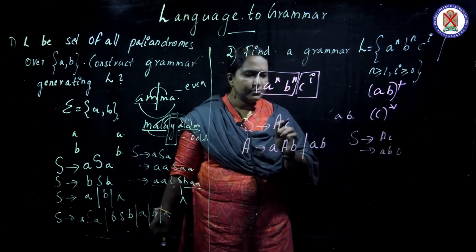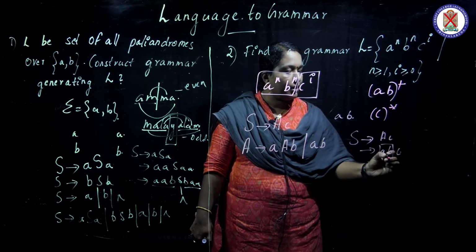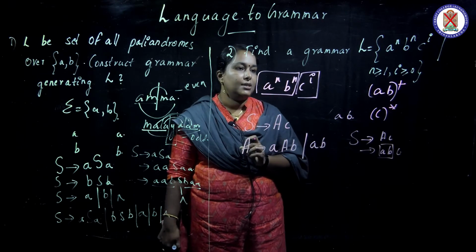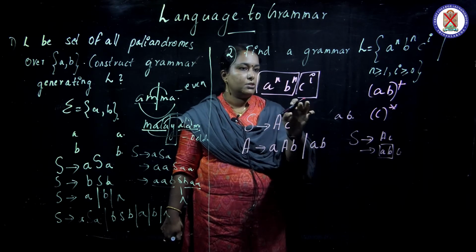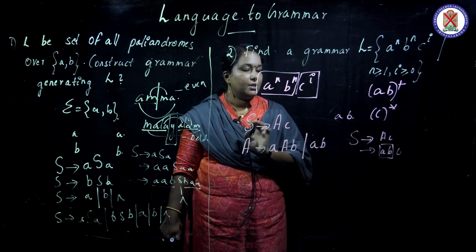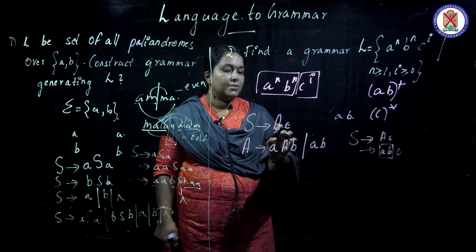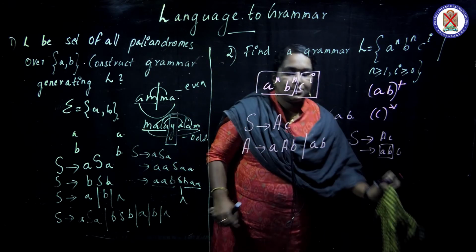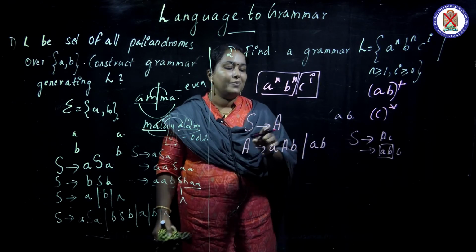Now I have made it up to here, but look at this C. C is made for the 0 or more combination. So what happens to C here? C must be erased somewhere because C is a 0 or more combination. How will you modify it?